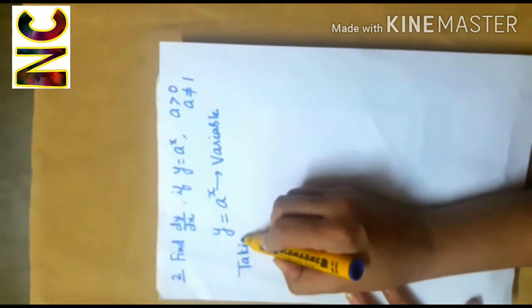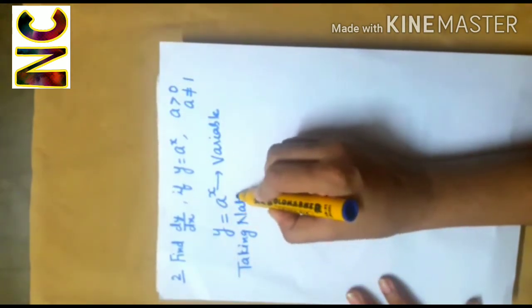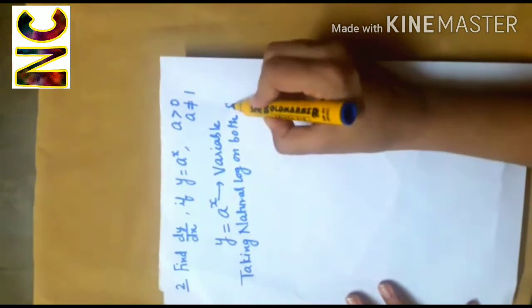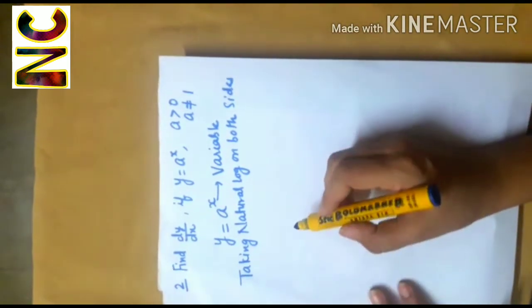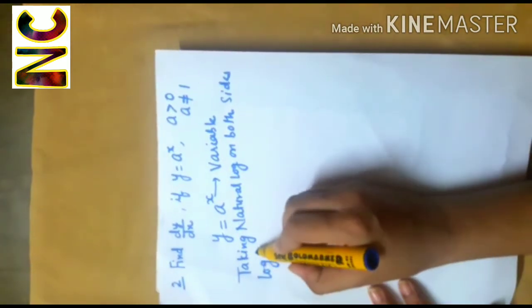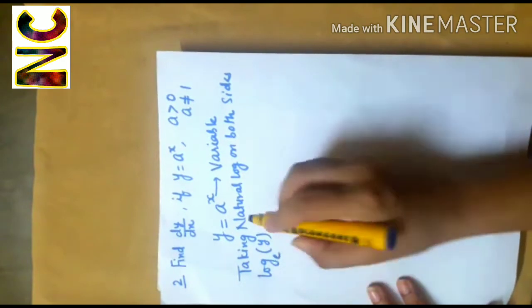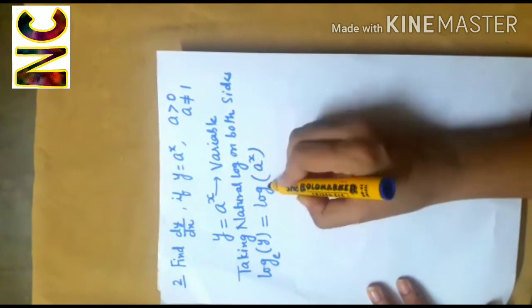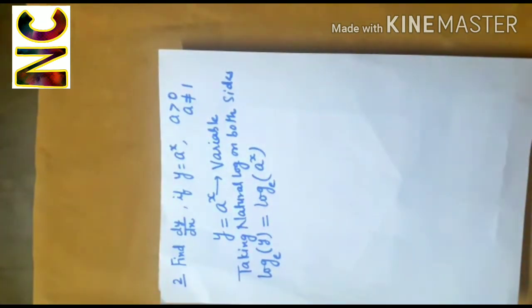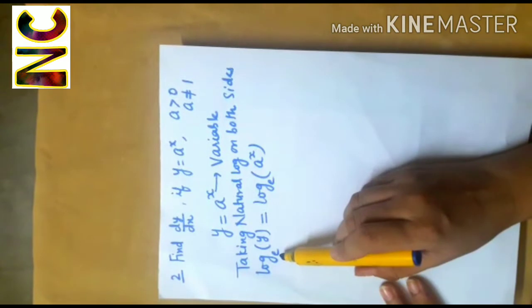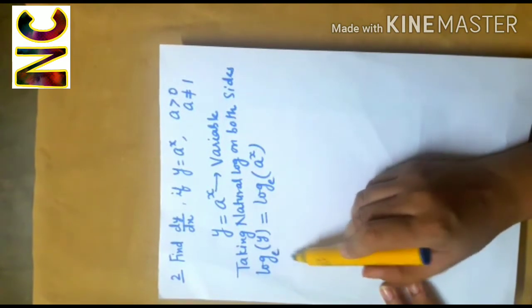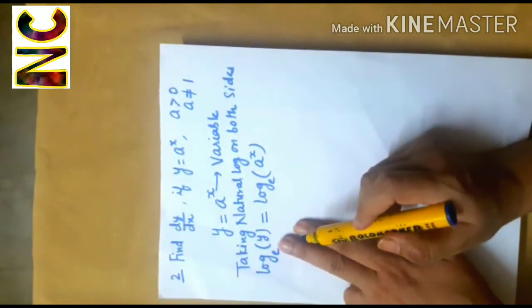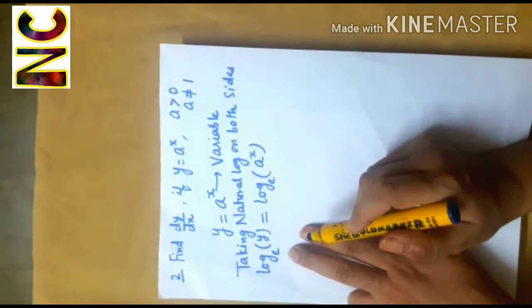Taking natural log on both sides, I'll get log y to the base e is equal to log of a raised to the power x to the base e. Now I will not be writing this base e again and again. It is understood that wherever I have taken log here, it is natural log, that is, to the base e.